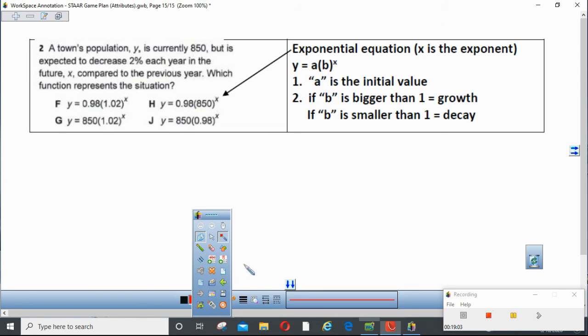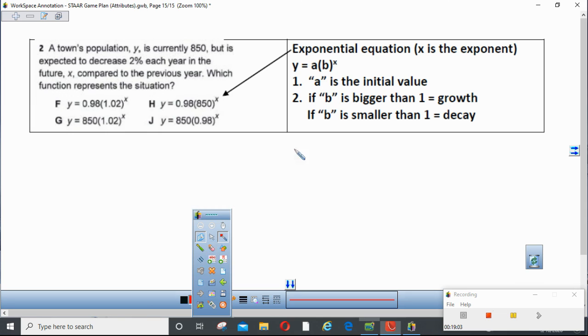All right, and then this last one is not a calculator, even though you see the y equals. This is one that if you get this, that's great. If you don't, I don't want you to stress out about it. But any time that we see x as the exponent, which we do in our answers, then this is an exponential equation, okay?